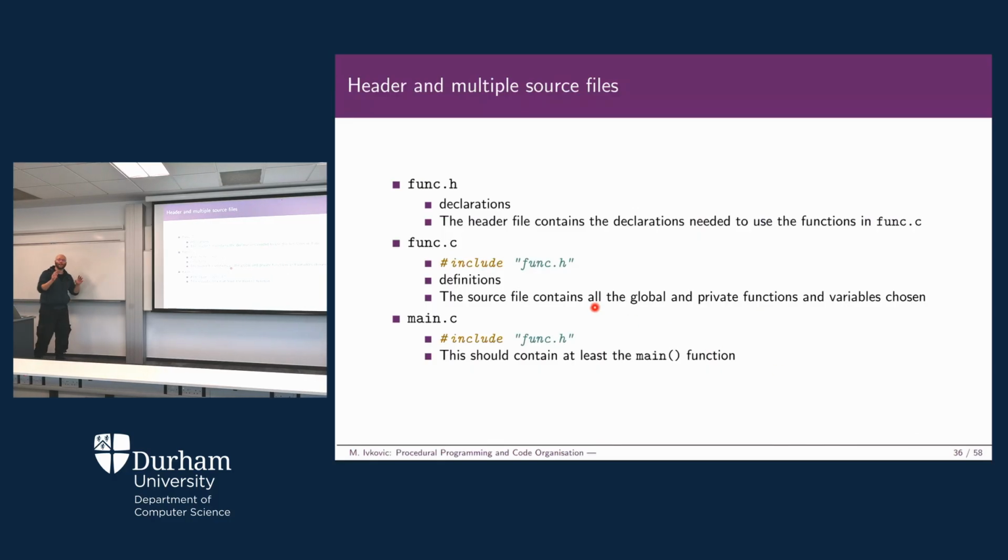Suppose we use the same example to store the function func somewhere. The main idea behind how this works is to use what we call a header file. Now header files are just C files. So they just contain C code and nothing else. But they're special because we use them in a specific way.